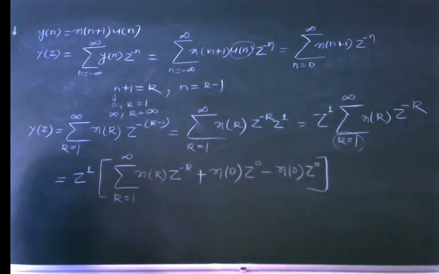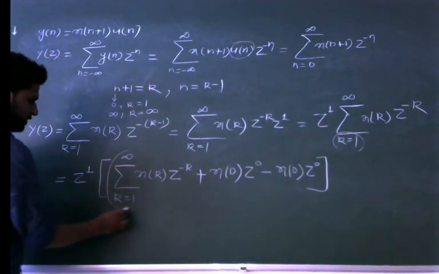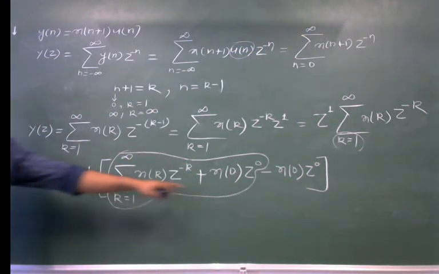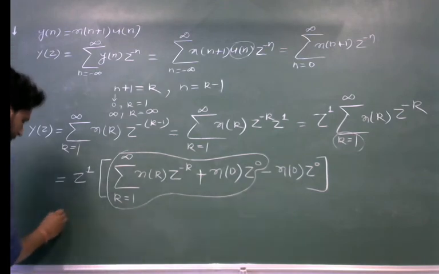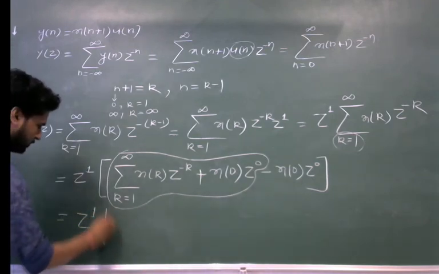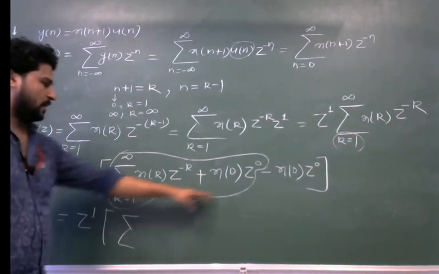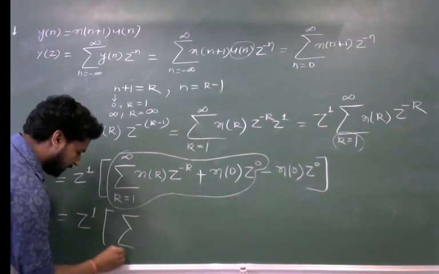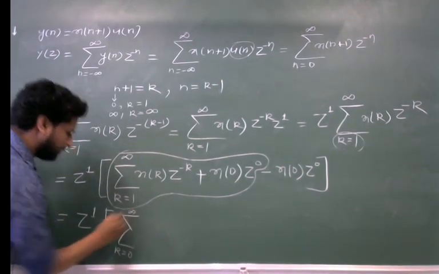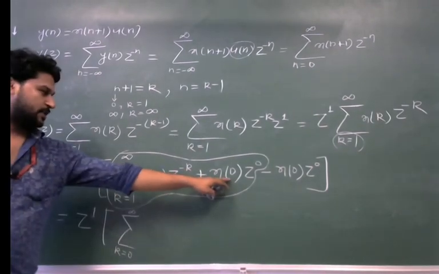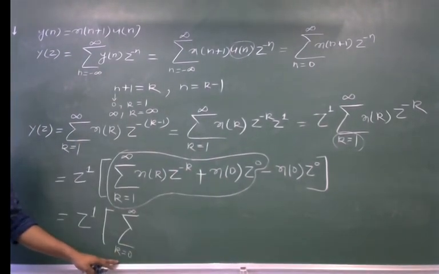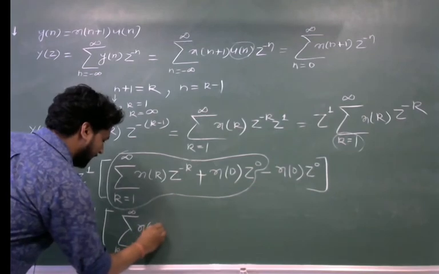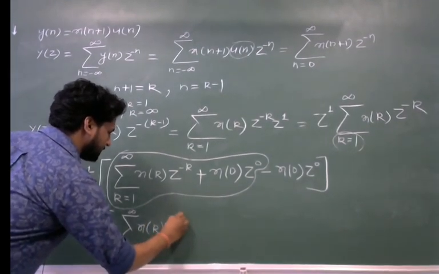Now, after including this term for k equal to 0, I will put the limit from k equal to 0 to infinity instead of from 1 to infinity. So the limit will become k equal to 0 to k equal to infinity of x of k into z power minus k.